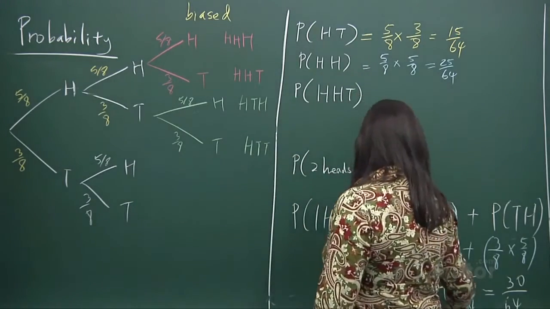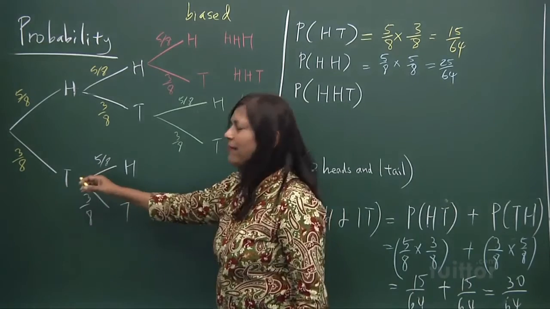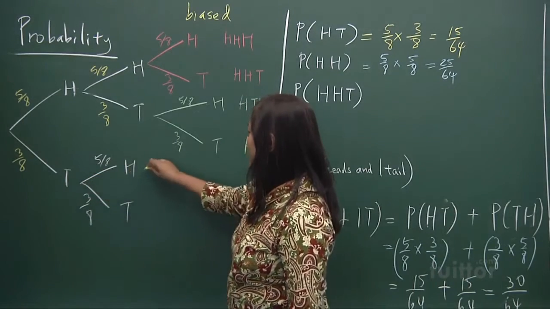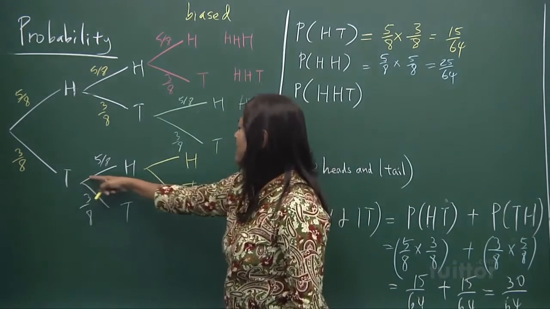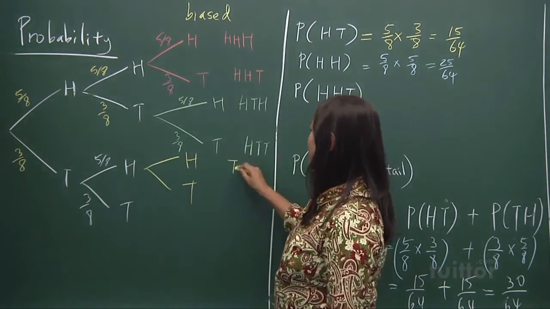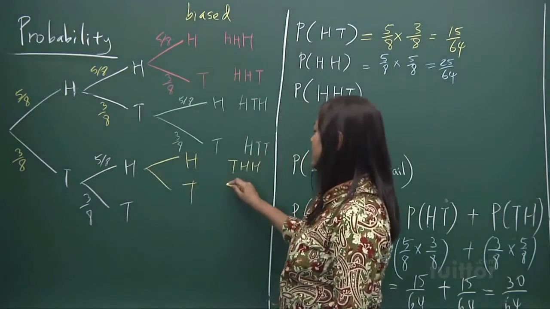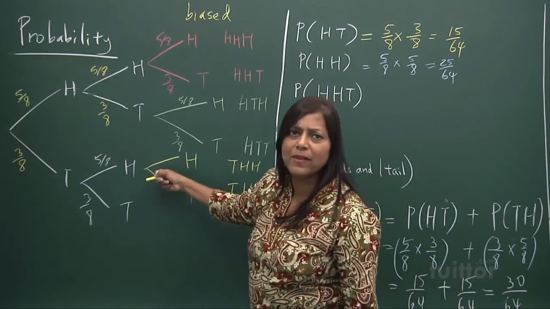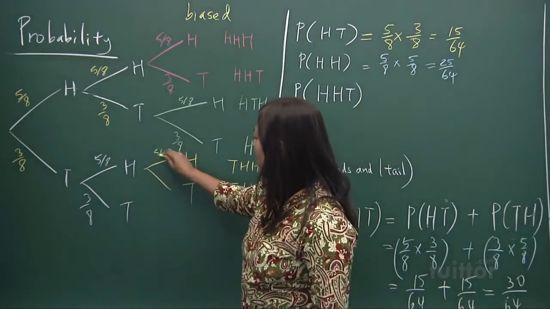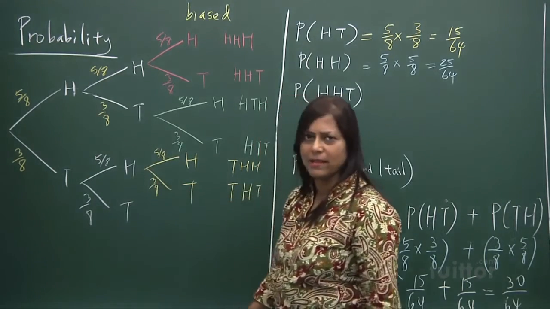Now, if I were to go on, first is a head. You got a head, and then you've got a head and a tail. Look at this here, tail, head, head. And how about here? Tail, head, tail. That's the order. Alright? And the probability of getting a head is 5/8. And the probability of getting a tail is 3/8.